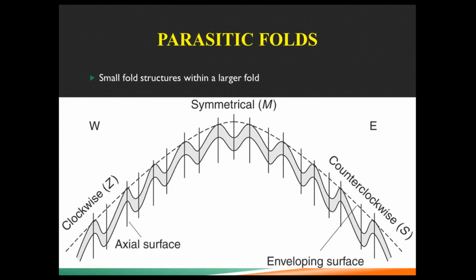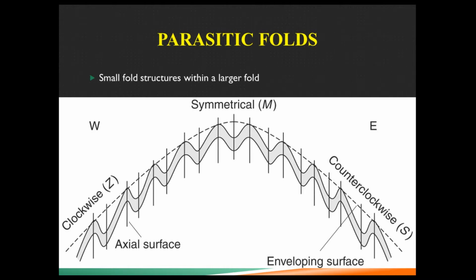Parasitic folds are when you have little folds within the big fold. So the big fold, shown by the dotted line, also is an enveloping surface for these little folds.